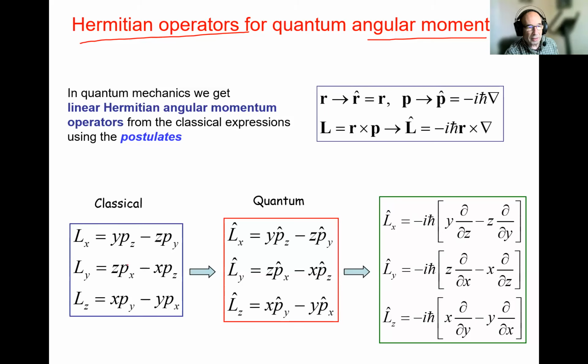So instead of a simple thing like a product of y and p, etc., now we have y multiplied by this partial derivative, and also multiplied by this complex number and h-bar. So this is how it is written.